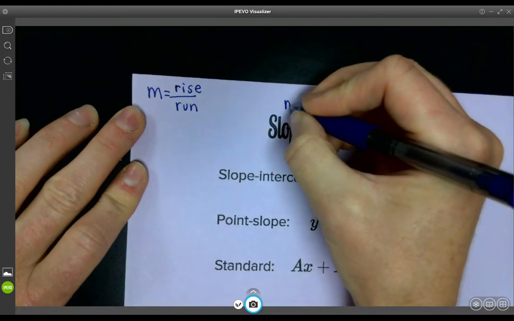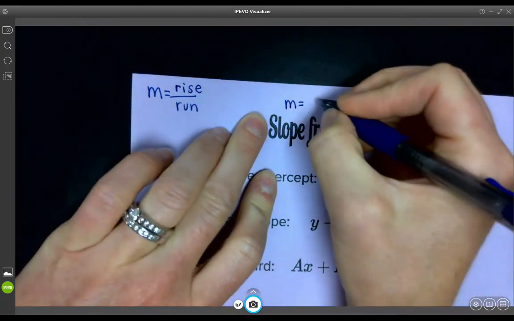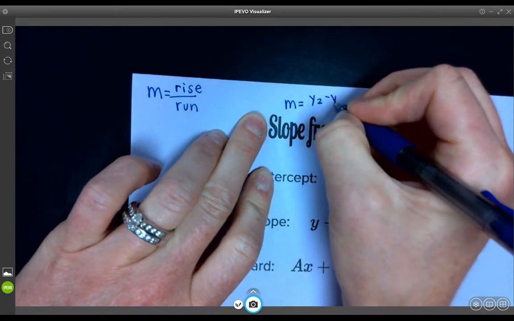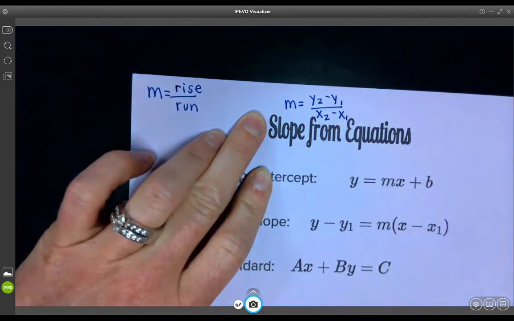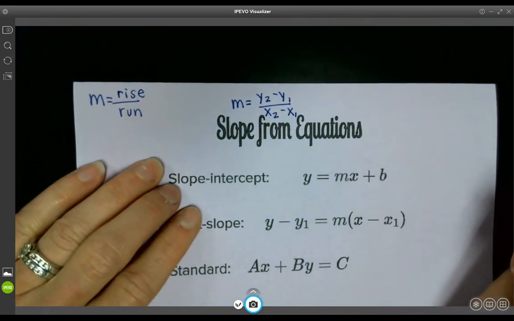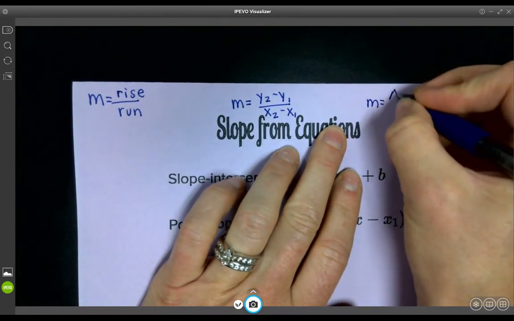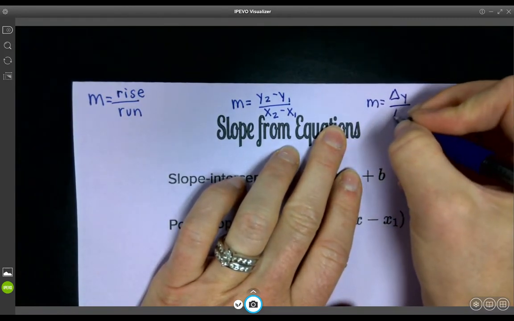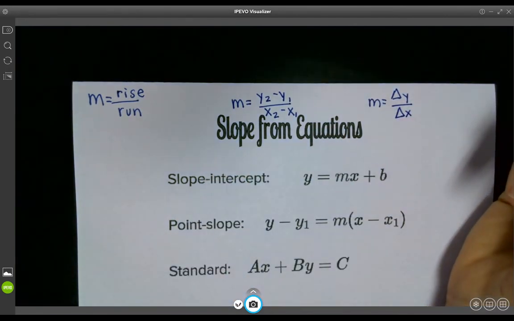From a pair of points, ordered pairs, you would just do y2 minus y1 over x2 minus x1. And from an equation, you would do change of your y values over your change of your x values. So these are all the different ways we can find slope.